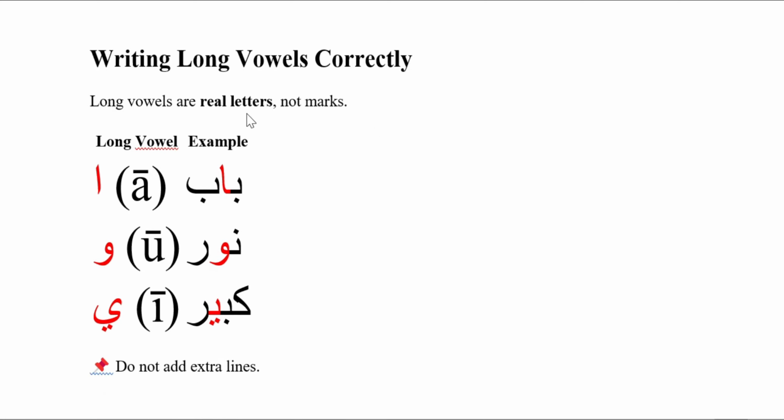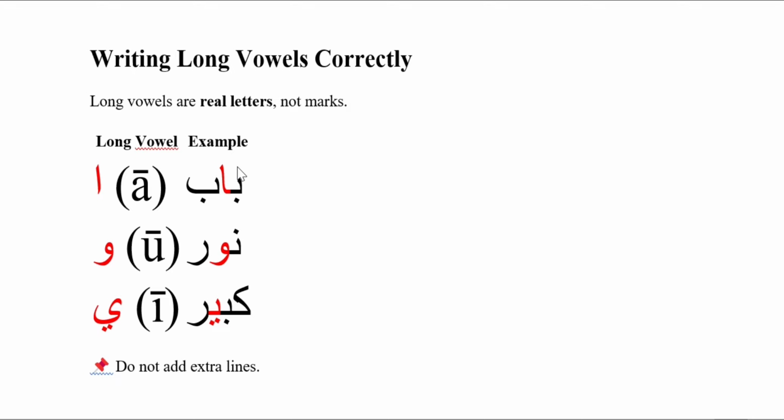Let's see a quick review of long vowels. We have seen that in the last video. The long vowels are letters, they are not signs. We have short vowels, they are just signs, and we have long vowels, they are letters. We have the alif, the waw, and the ya.